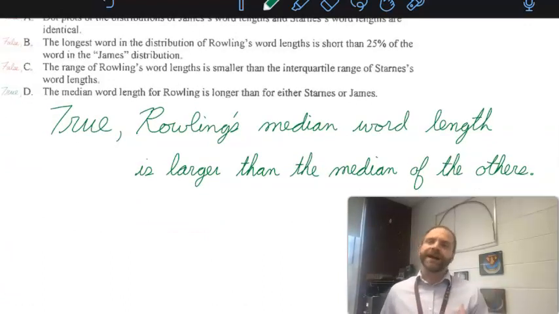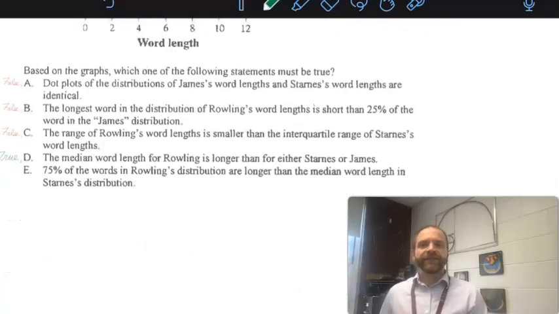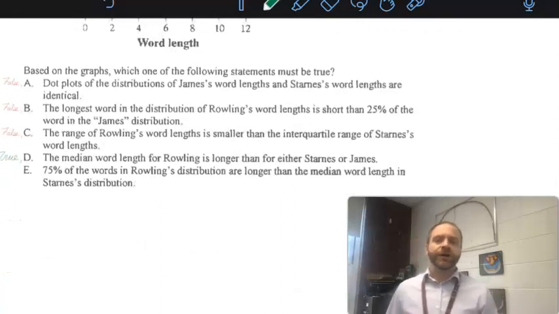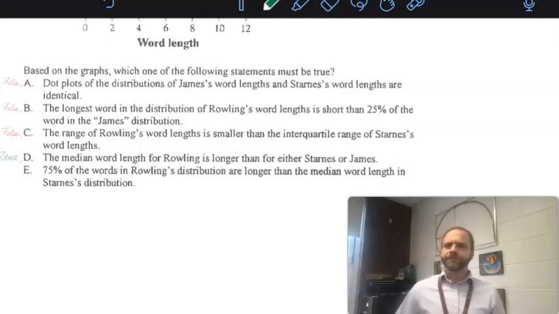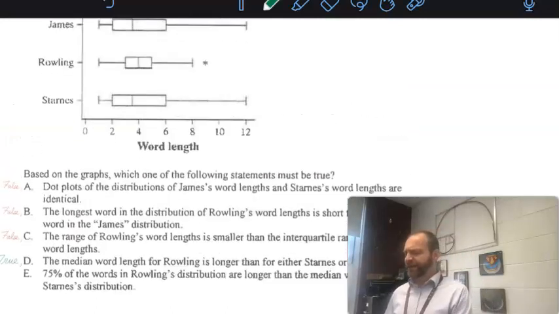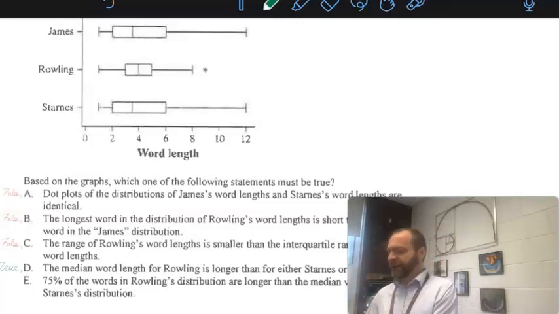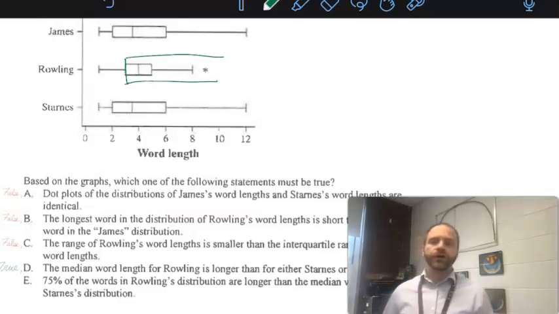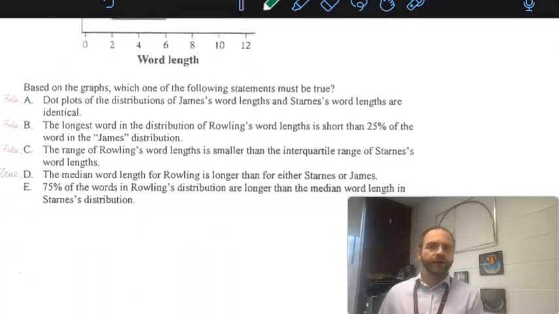I can box it, circle it, but I like to read all the choices, and maybe there's something there that's helpful to talk about. So if I read choice E, 75% of the words in Rowling's distribution are longer than the median word length in Starr's distribution. Whew. All right, so 75% of that in Rowling's distribution would be from here to here, is longer than that of the median for Starr's.